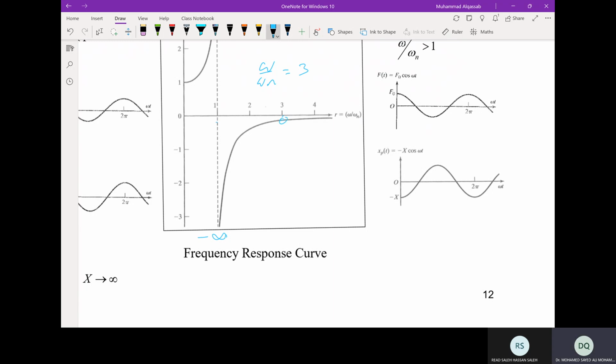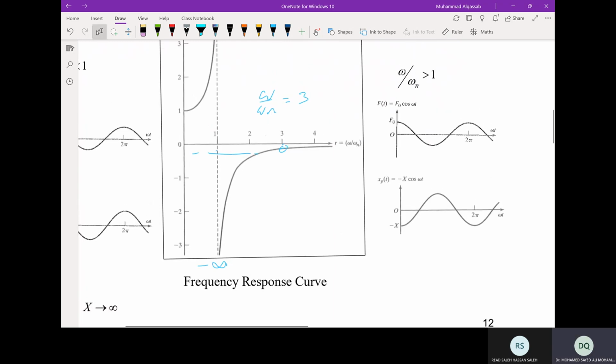You can extend this and find how much the amplitude is, or substitute in the equation, but it does not tell you when it's going to reach this amplitude, because this shows amplitude versus frequency, and this is why it is called the frequency response curve. There is time response, which means the amplitude with time. That will come from the total solution.